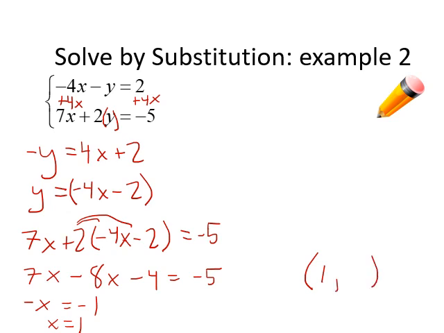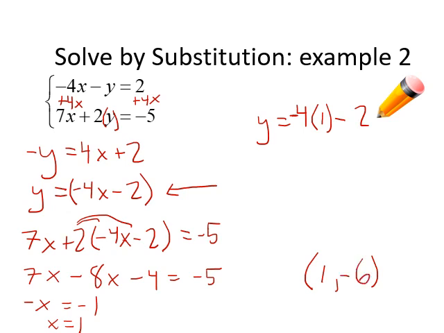I need the y part. I'm going to plug that value back into the equation from step 1, and that's right here. I'm going to plug x in. So y equals -4x, where x is 1, minus 2, which is -6.